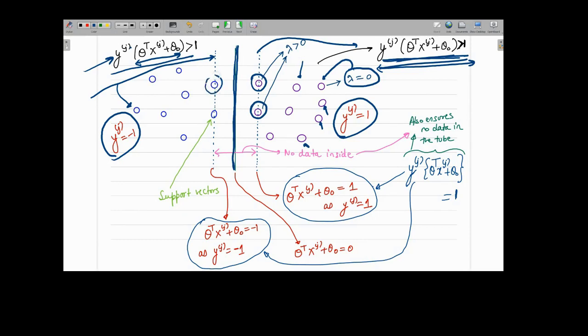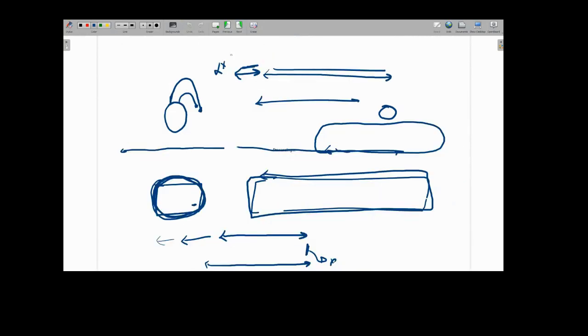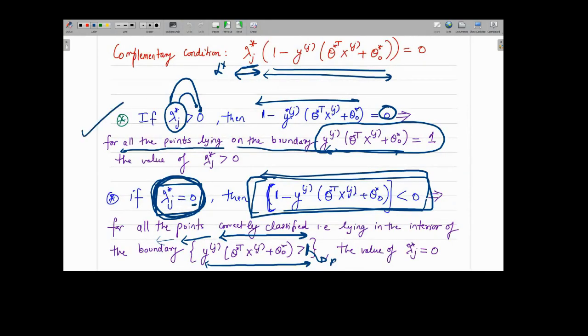Here also and here also, the lambda points will be having greater than 0 value, and for all the other data points, lambda will be greater than 0, and this is coming from these conditions. So you can see if it is lying on the boundary, then the lambda will be greater than 0, and if it is correctly classified, then the lambda will be equal to 0.